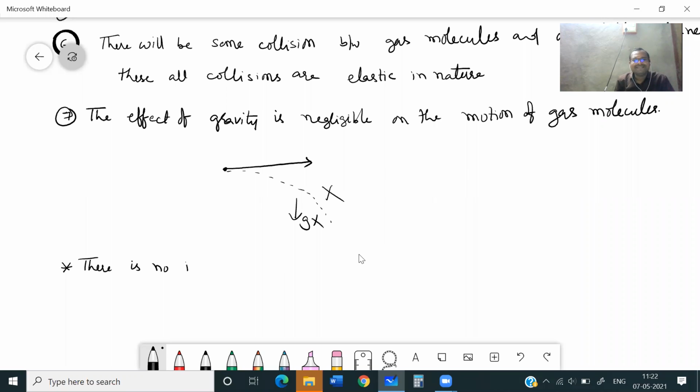And last very important point is, according to kinetic theory of gases, there is no interaction force between gas molecules. If there is no interaction force between the gas molecules, means potential energy is negligible.